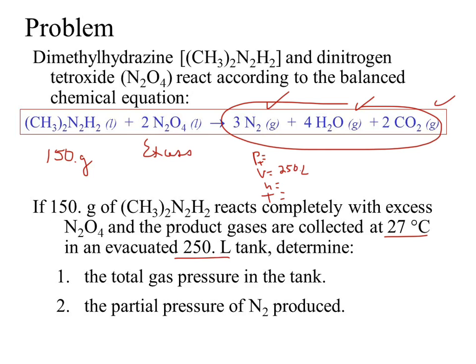Number of moles, we could get that from stoichiometry. And of course, the temperature, we can convert the 27 degrees Celsius to Kelvin, no problem. You'll be doing that in your sleep. So we're after the total pressure, and then we're after the partial pressure of one of the 3 products, nitrogen. So we can do that.